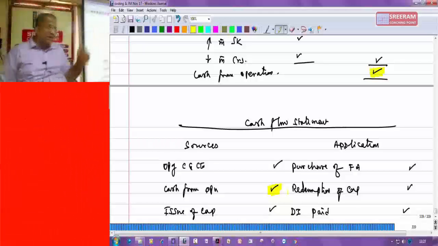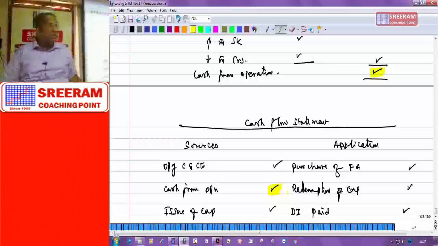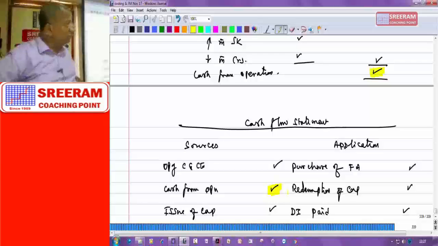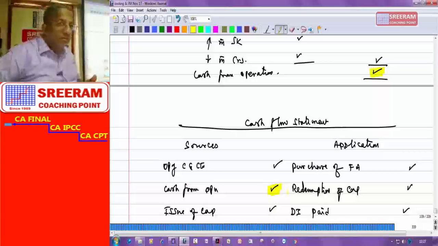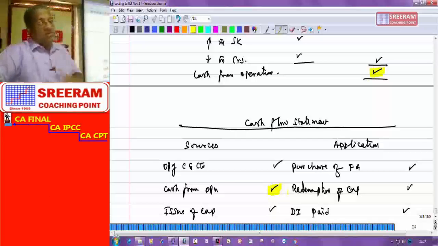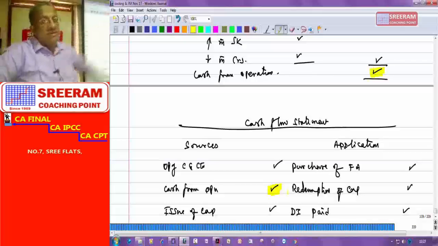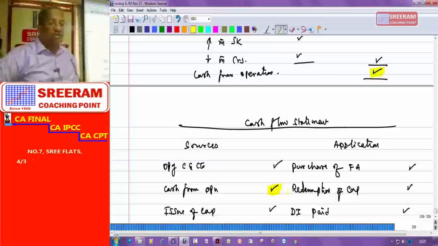So you have to do it simultaneously, like trading P&L account and balance sheet. Don't do the adjusted P&L account first, then cash from operation, then the cash flow statement. Carry out all these three simultaneously, and you may have to prepare ledger accounts to support all this.